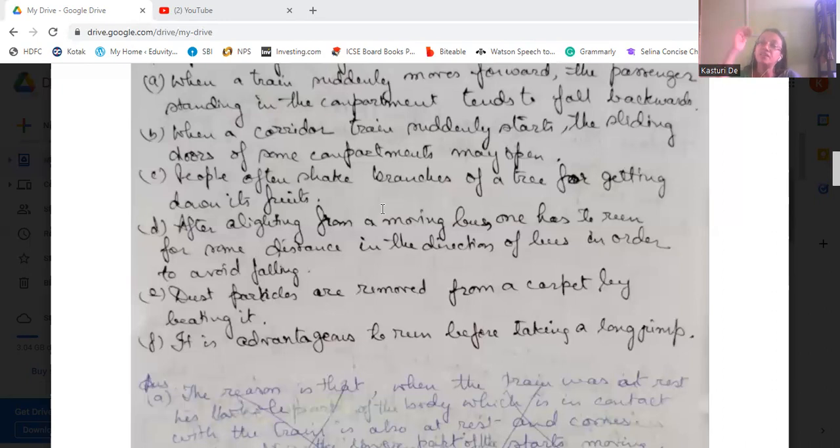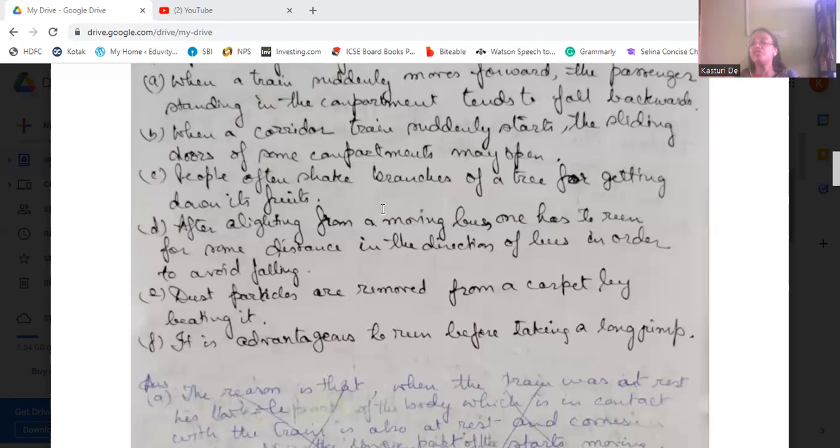So they will stay there, but they will come down due to the gravitational force. Gravity makes them fall down, and thus they are separated from the carpet.